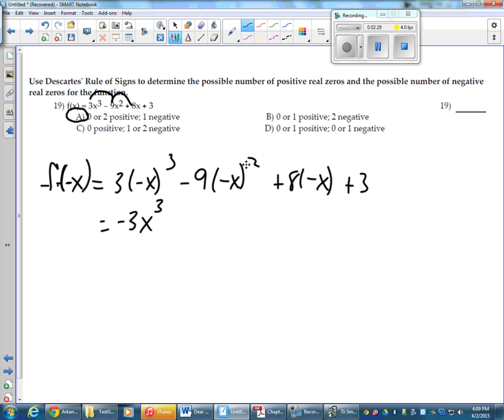Negative x squared would be positive times a negative 9 would be negative. Then 8 times negative x would be negative 8x, and then plus 3. So it starts negative, stays negative, and then changes to positive. There is one change. So 1 negative, 2 or 0 positives.